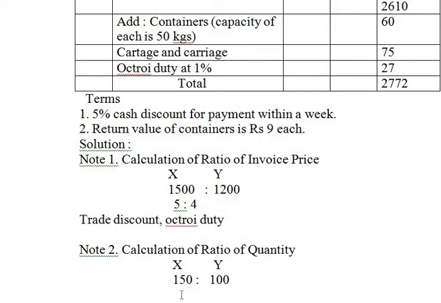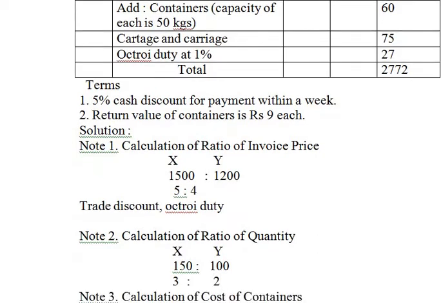Now again the ratio is 3 is to 2. Understanding? Now which expenses will be distributed here? Go through the problem and the chart and check which expenses.